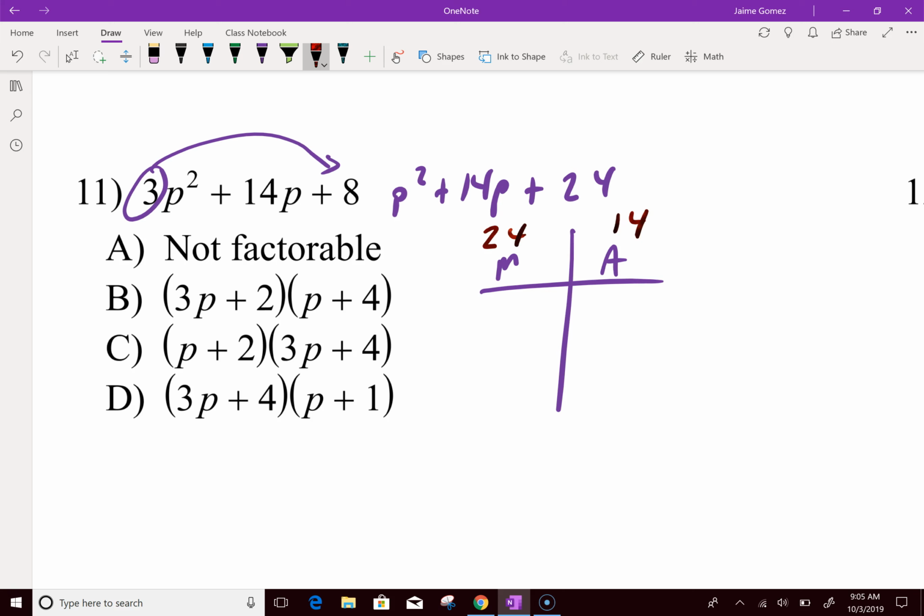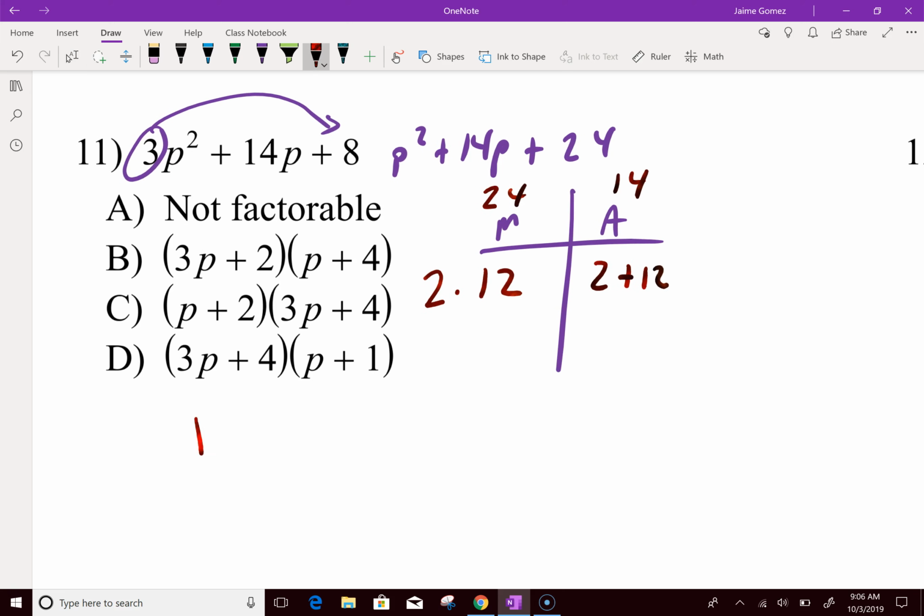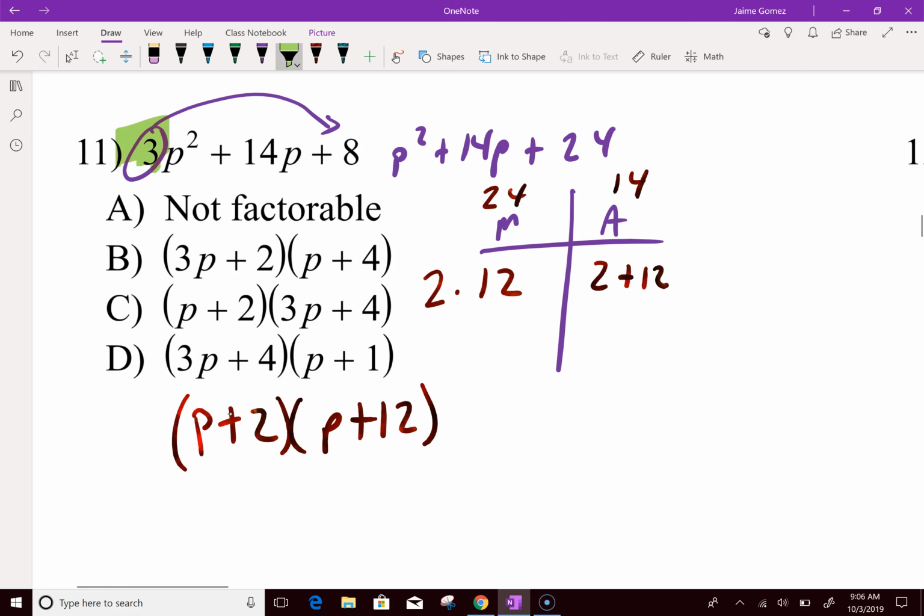Two numbers that multiply to give me 24, but add to 10. 1 and 24, no. 2, something with 2 and 12. Yeah, 2 times 12 is 24, and 2 plus 12 is 14. So there we go. So then we have p plus 2, p plus 12. Since you multiplied by 3, we have to divide by 3.